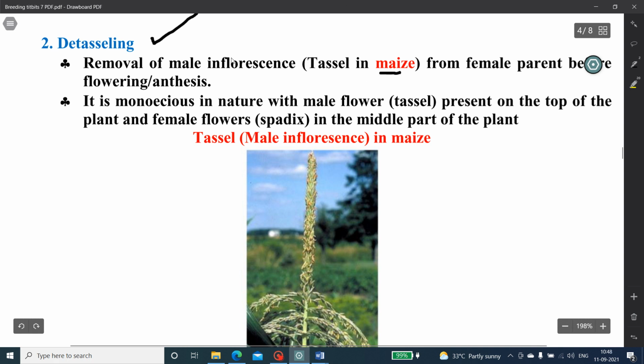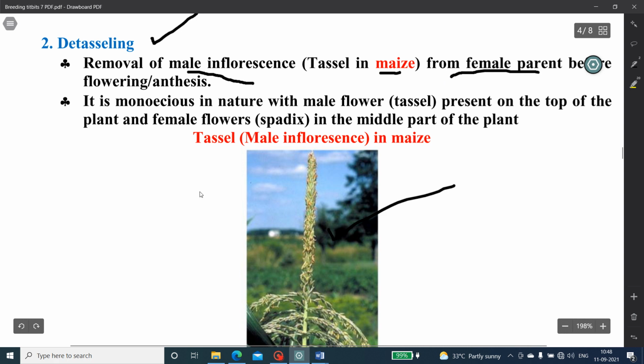Here maize is a monoecious crop, and the male flower, that is the tassel, is present at the top of the plant, and the cob is present on the stem below the tassel. And this tassel has to be removed from the female parent, that is more important.